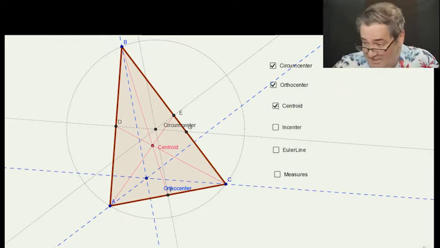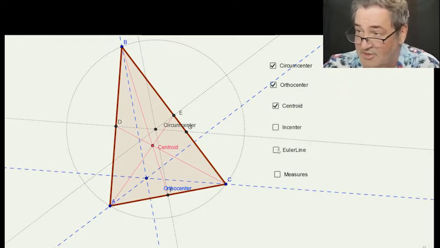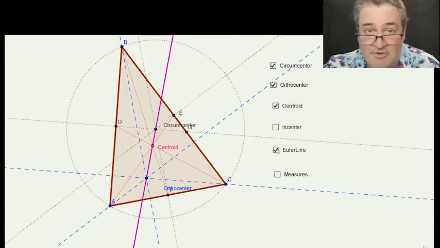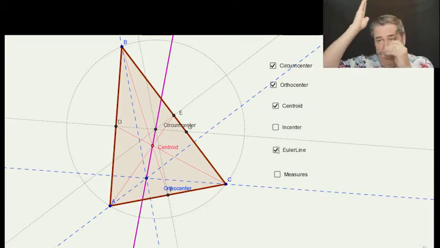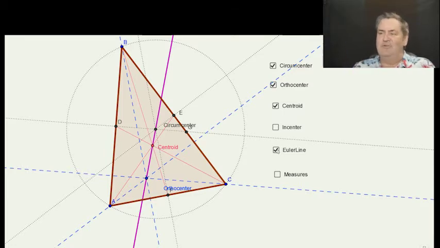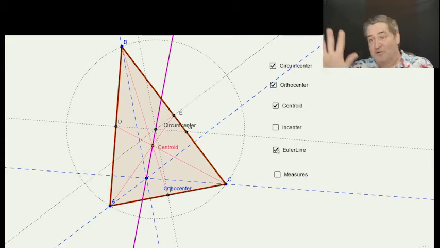Well, since then, hundreds of years later now, it's called the Euler line. And look, we can graph that. The Euler line shows all 3 of those things on the same line. Now, after Euler died, they found a couple more points that also fall on that line from other things we can do with triangles and inscribing triangles and stuff like that. But these were the 3 that Euler discovered.